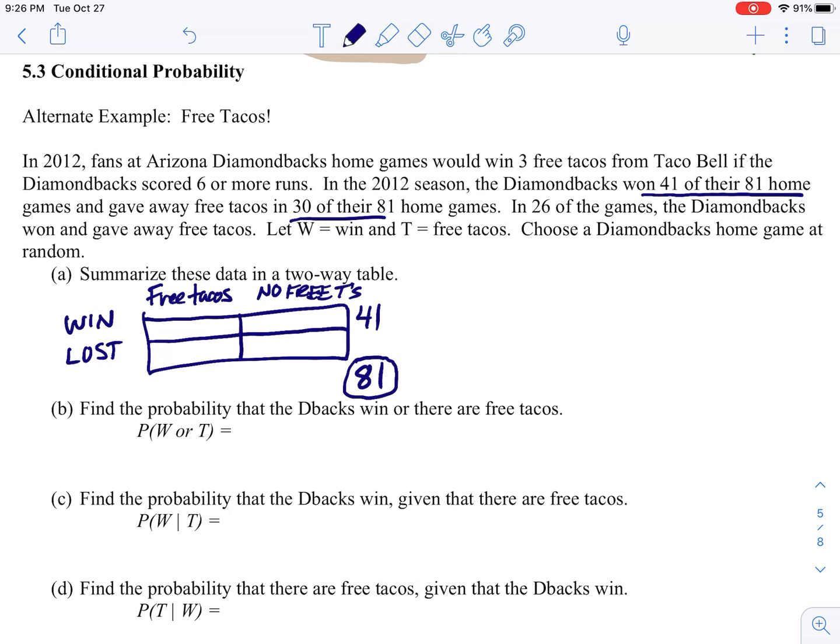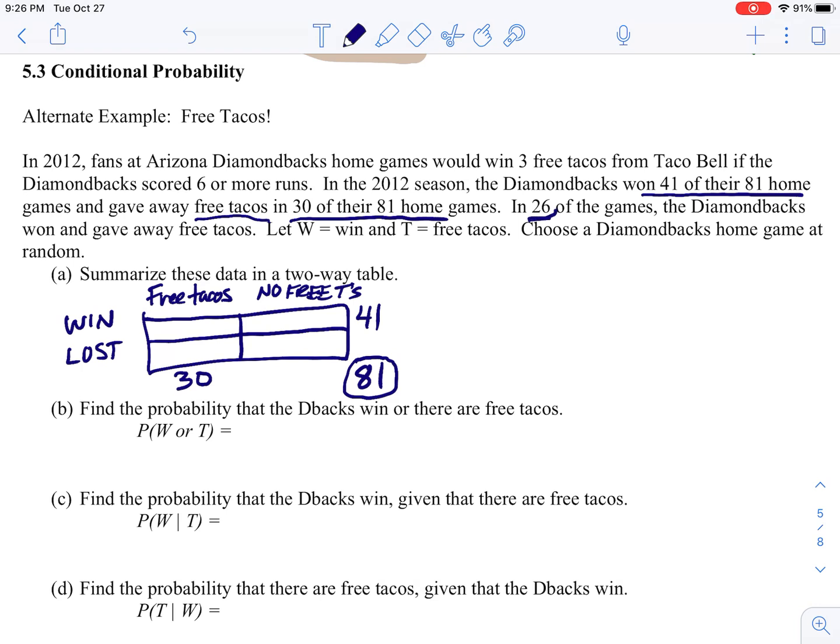The second piece of information that's important is the free tacos occurred in 30 of the 81 home games. So the free taco column would be 30 at the bottom of that first column. And so 30 out of 81 got free tacos. And from here we have one more thing.